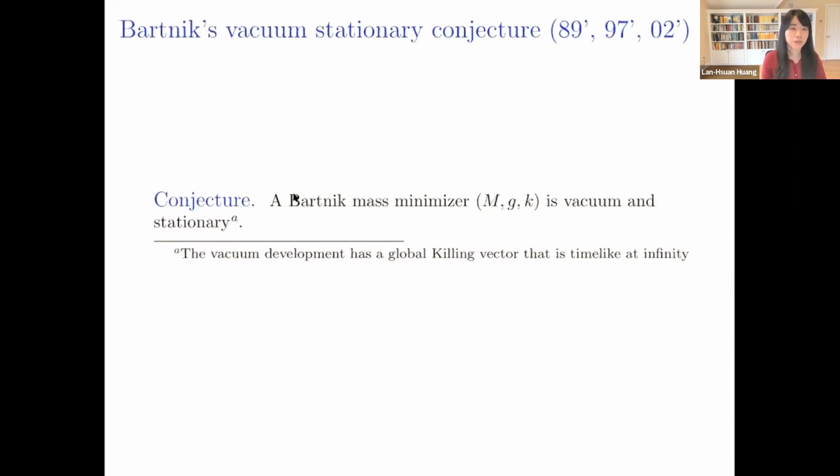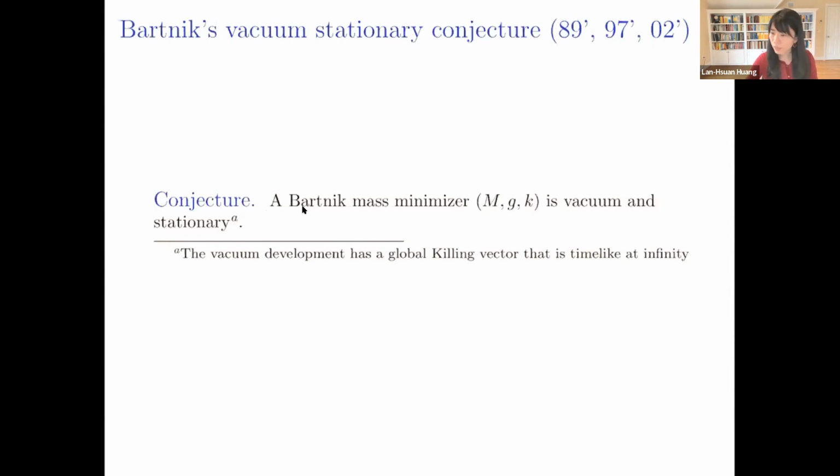We really came to be interested in this conjecture from our earlier work on the equality case. Because in some sense, when we try to prove the equality case, we want to show our initial data set sits inside Minkowski, right? So as an intermediate step, probably we want to show first the initial data set must be vacuum and also stationary, because if it's vacuum, it definitely will be stationary, right?